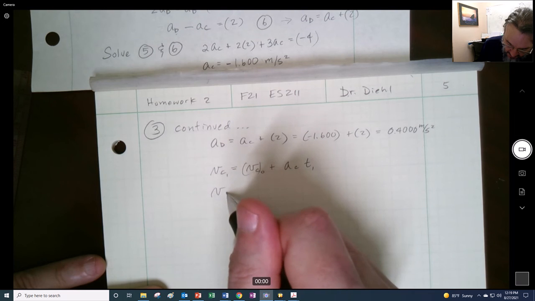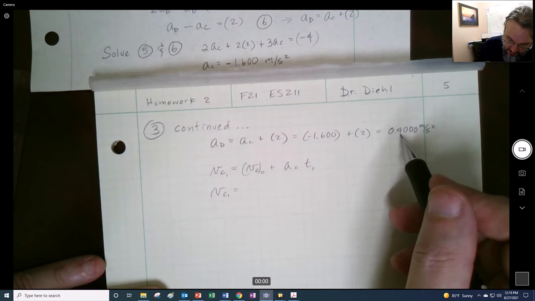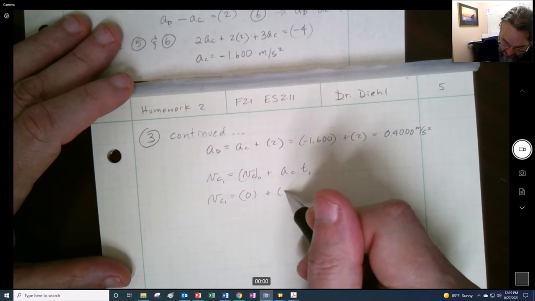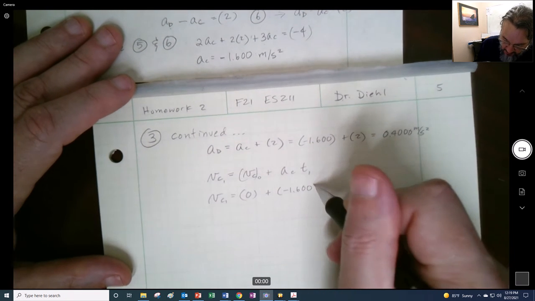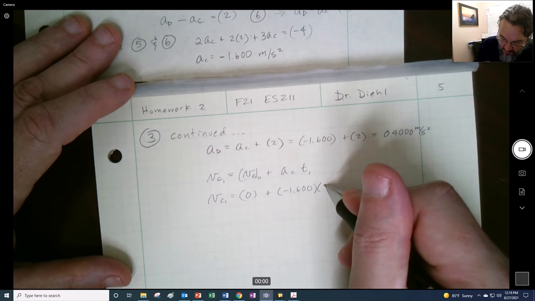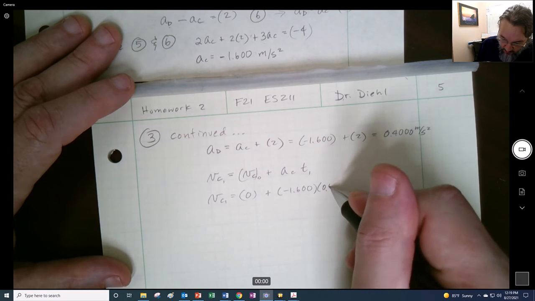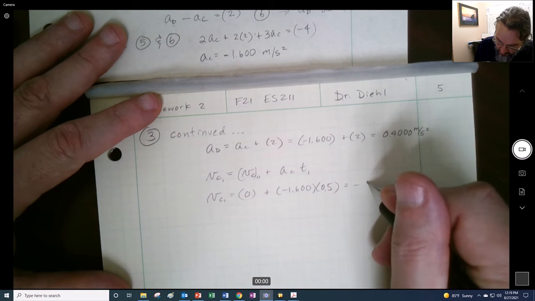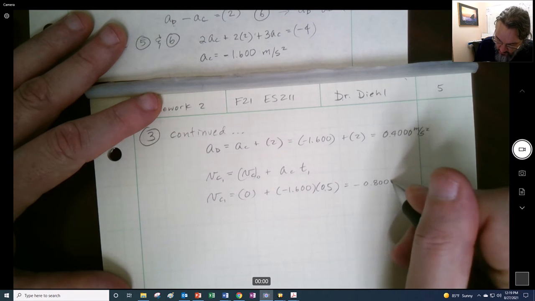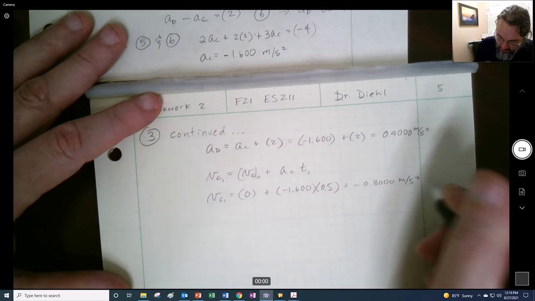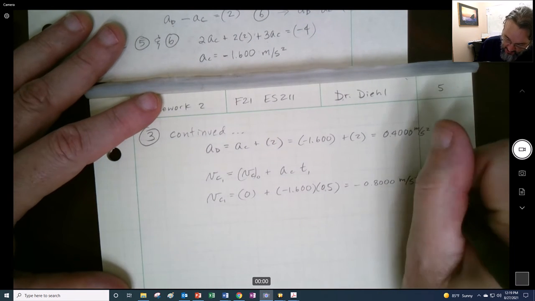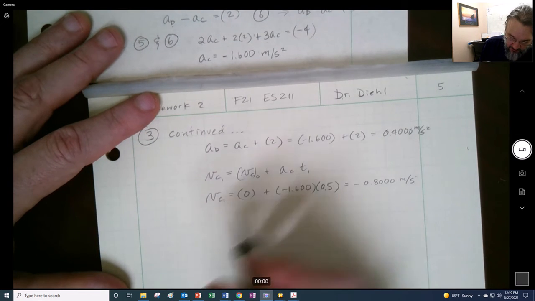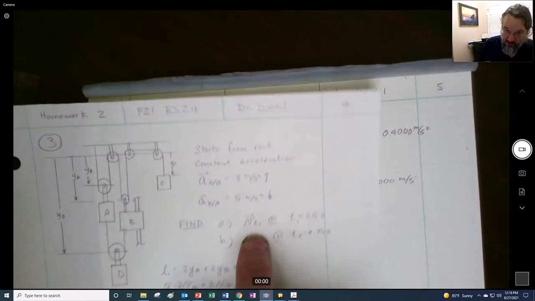So the velocity of c1 is going to be start at 0 plus this negative 1.600 times 0.5. So we end up with a negative 0.8 meters per second. That's not squared, that's velocity, meters per second. That's the answer for part A.